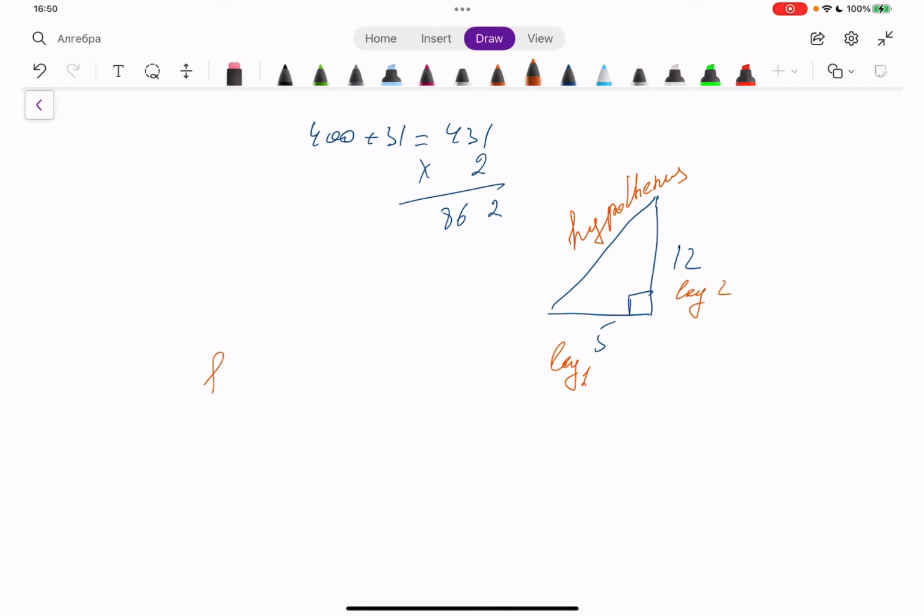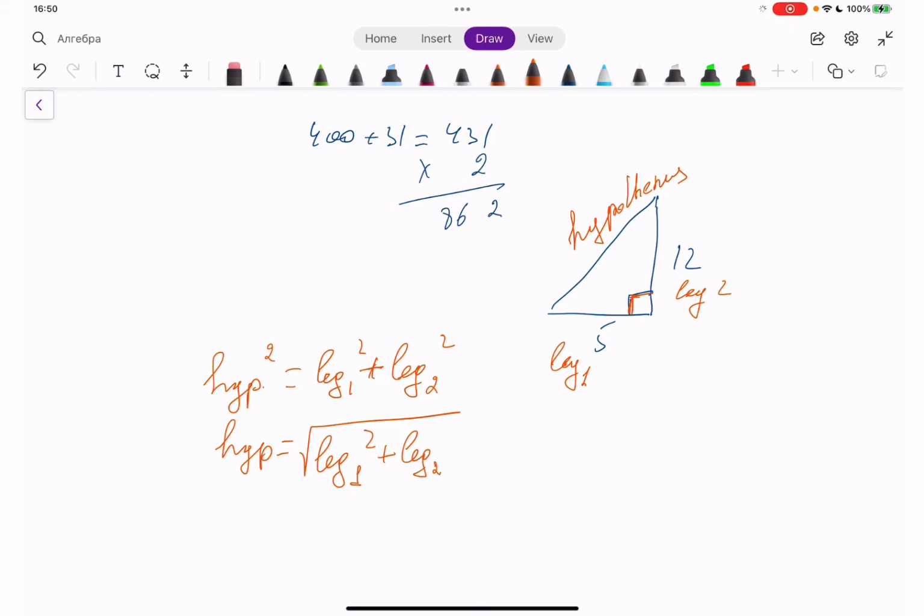So hypotenuse squared is equal to leg 1 squared plus leg 2 squared. We can apply the Pythagorean theorem because we are dealing with a triangle with a right angle. So from here, the hypotenuse is equal to the square root of leg 1 squared plus leg 2 squared.